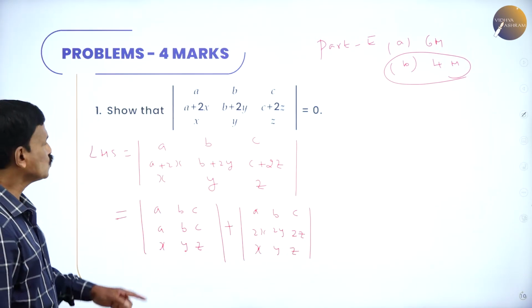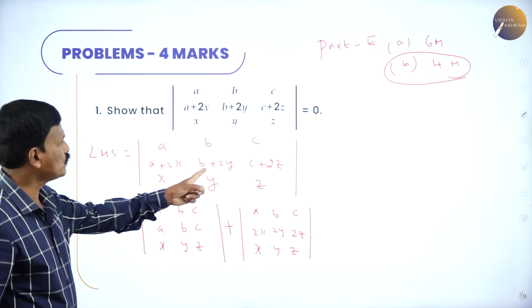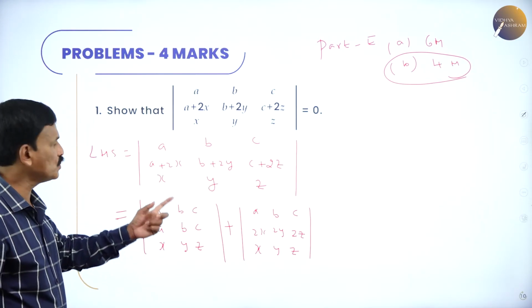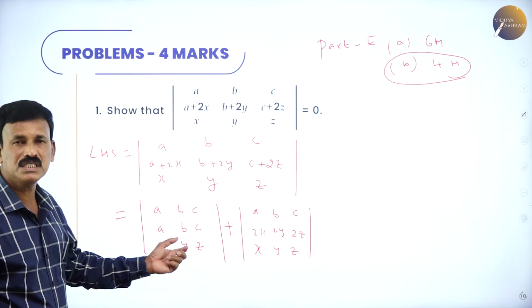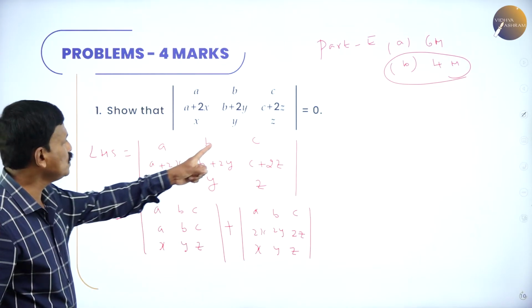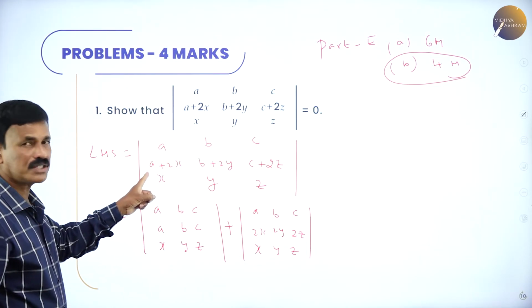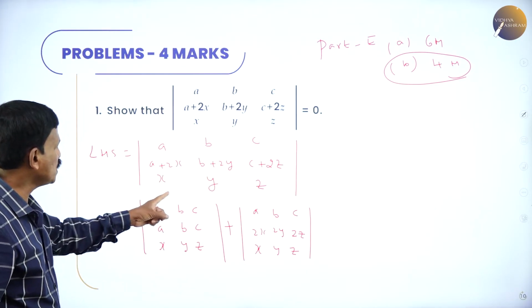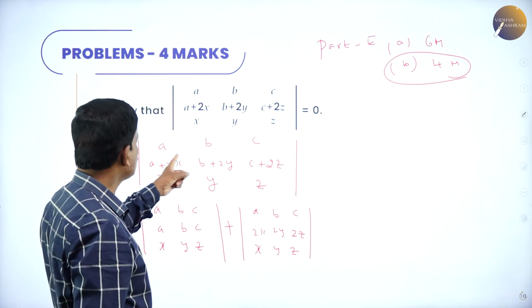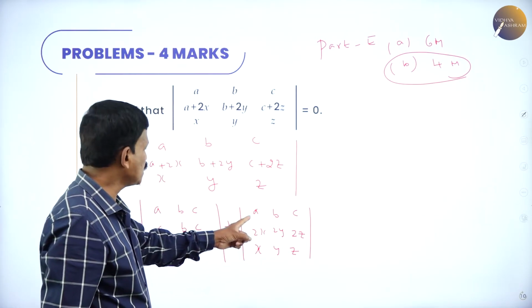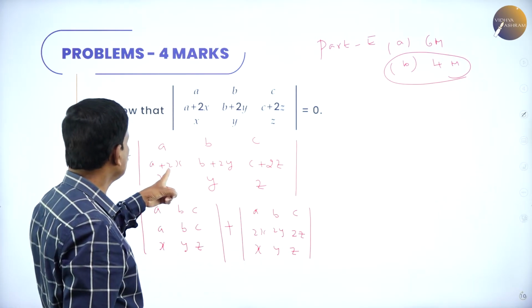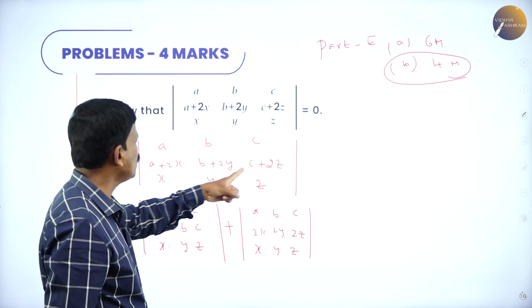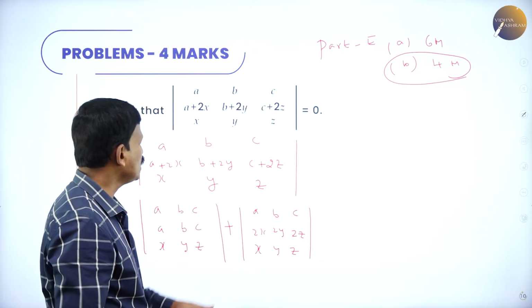Very simple. Here it contains the sum of 2 terms, so it can be expressed as the sum of 2 individual determinants. Take all the first terms A, B, C, A, B, C, and the third row is the same x, y, z as it is. Again, the first row for the second determinant is A, B, C, and the second elements, all 2x, 2y, 2z, and x, y, z.